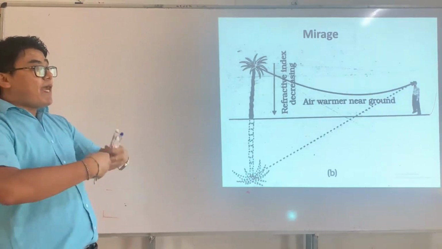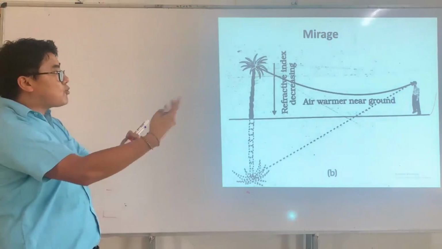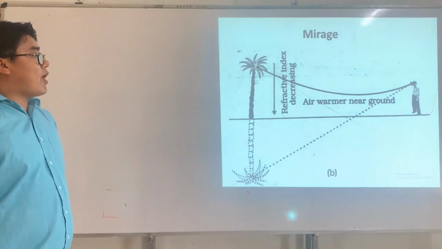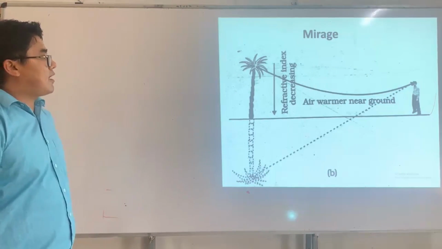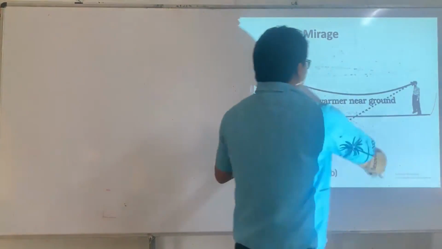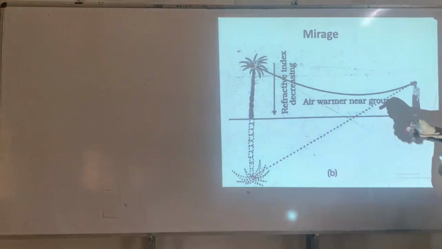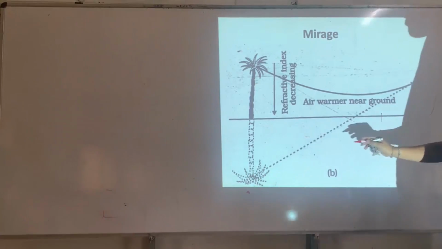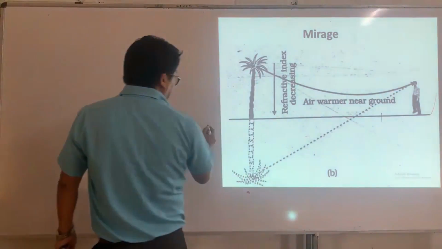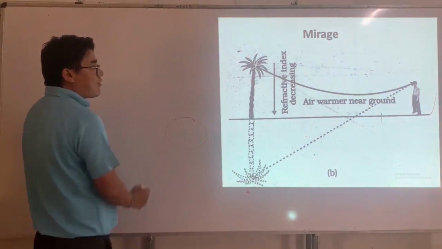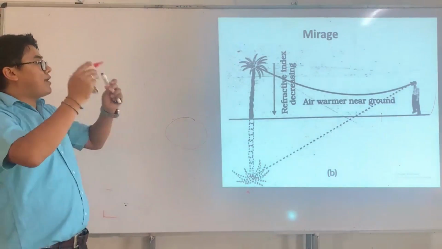You won't be able to reach nearer to the apparent water. Why? Because the distance is fixed. If you reach this point, your apparent water may move to this side.